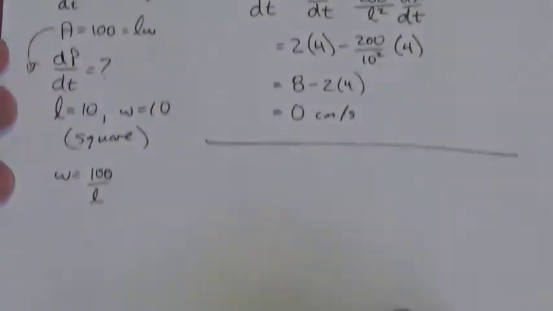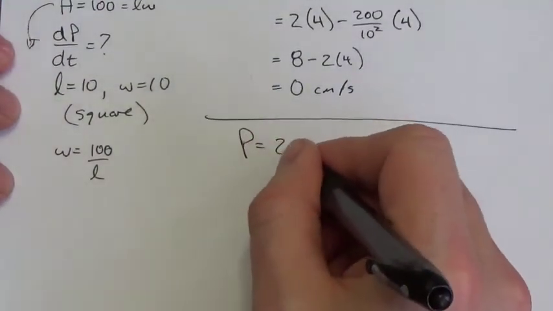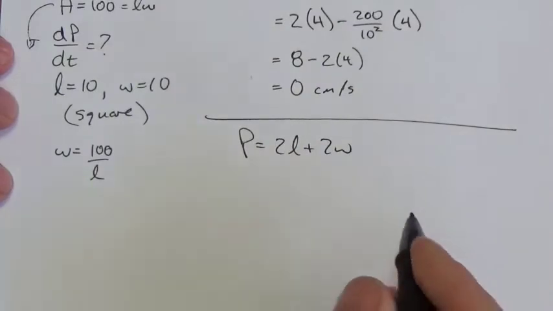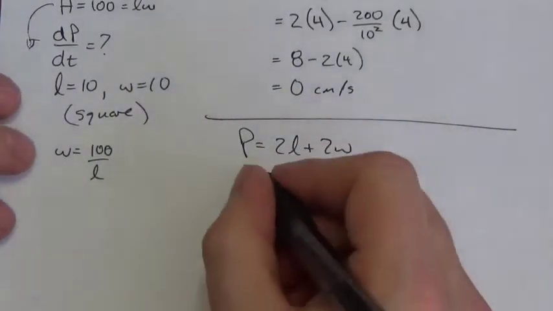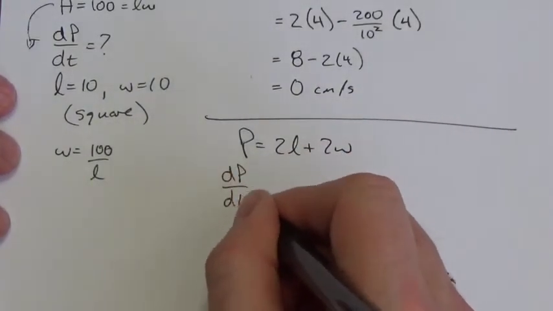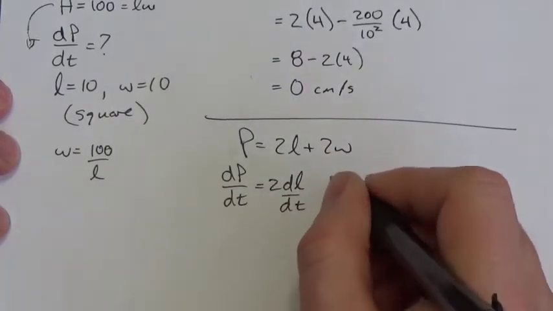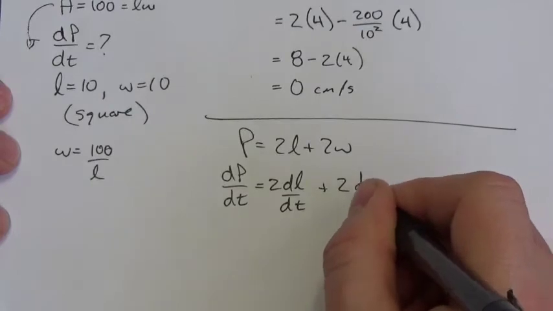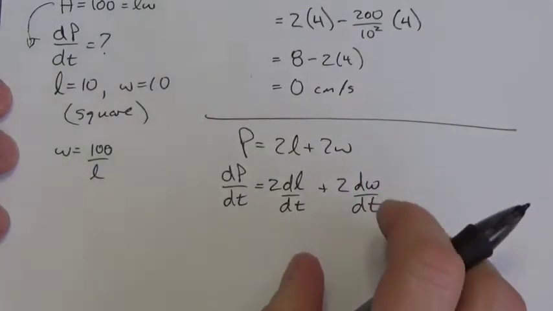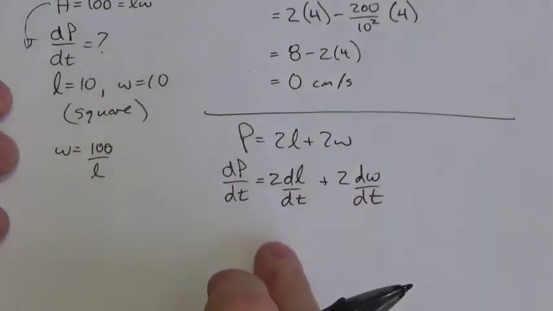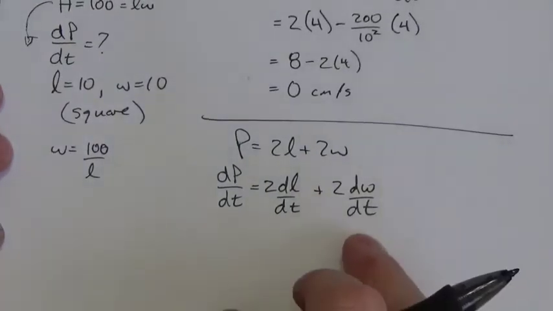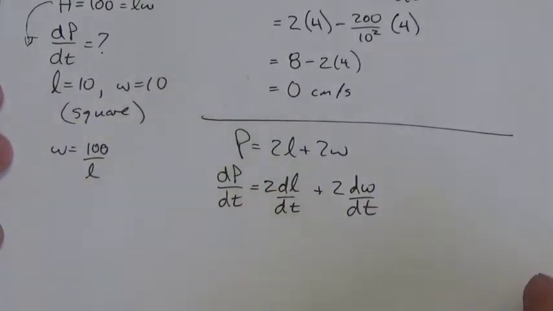Another way that we could have done this, with P equals 2L plus 2W, was to simply jump in and take the derivative. So dP by dt is going to equal 2 dL by dt plus 2 dW by dt. Now, the problem here is I know dL by dt, but I do not know dW by dt.